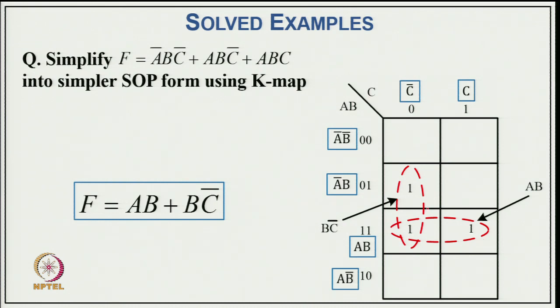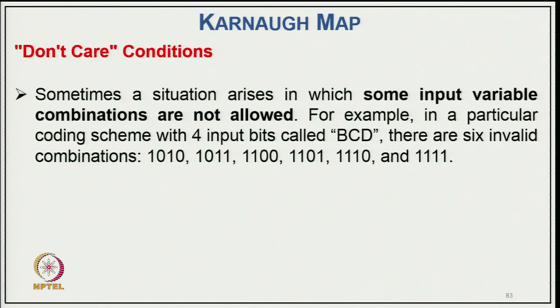This combination gives A B, because C cancels out, as it appears in both C and C bar. In the second combination, C is with C bar only, and this corresponds to B, as A cancels out, so it is B C bar. So, we are simplifying a large expression to its minimal form with the help of the Karnaugh map, which we can represent by logic gates.